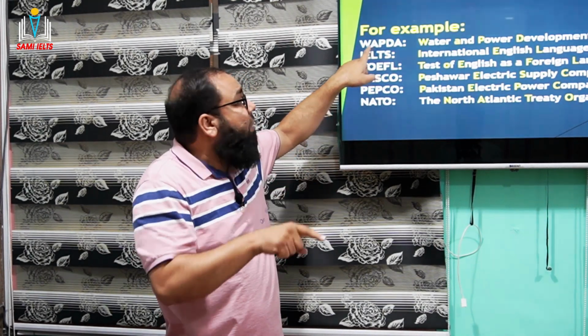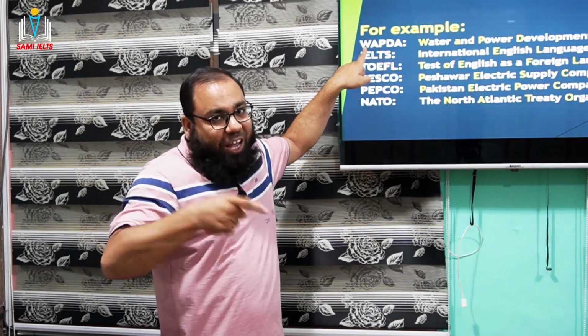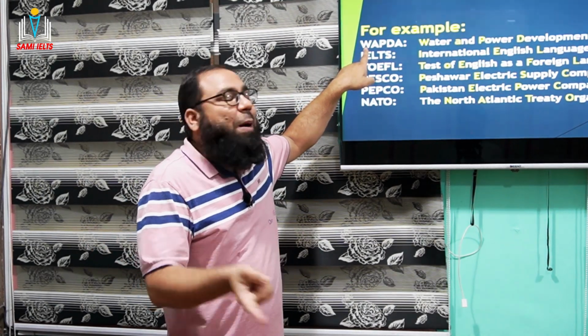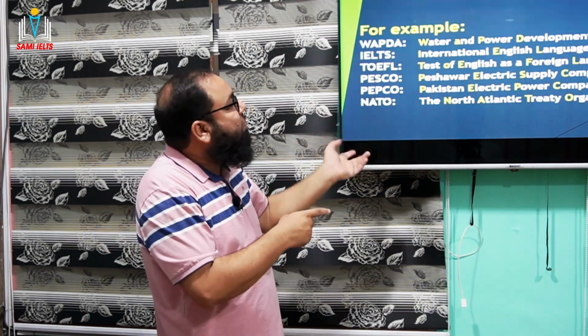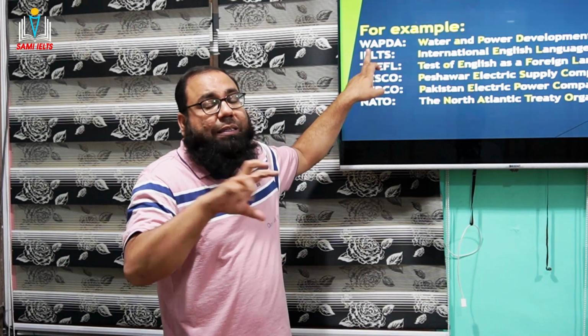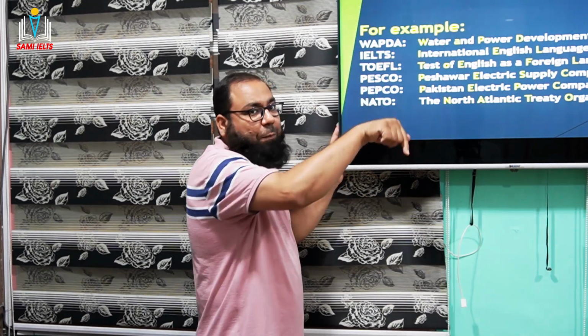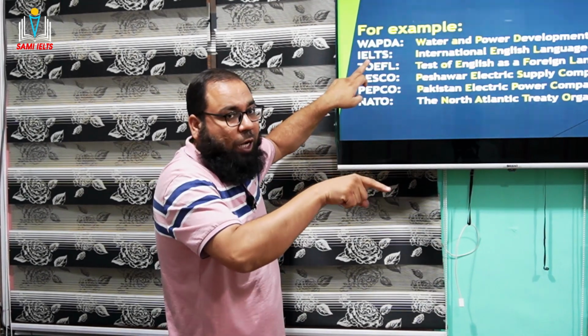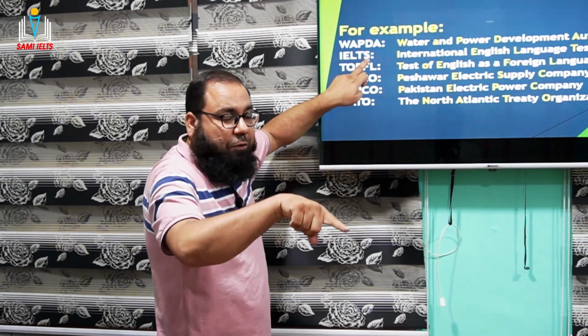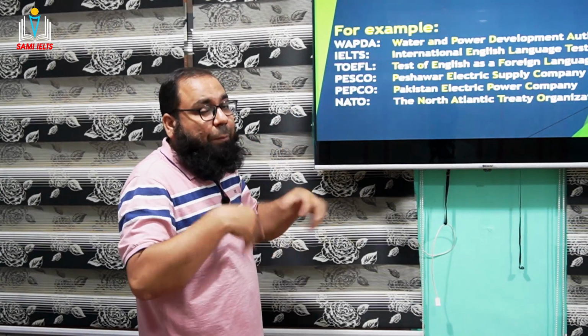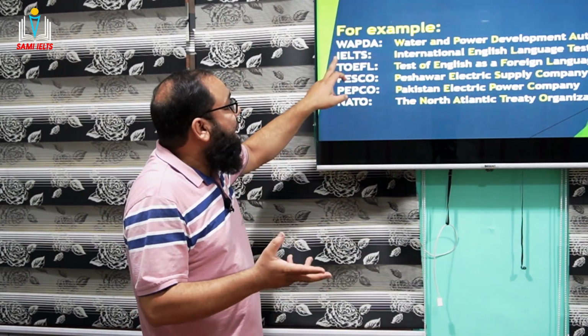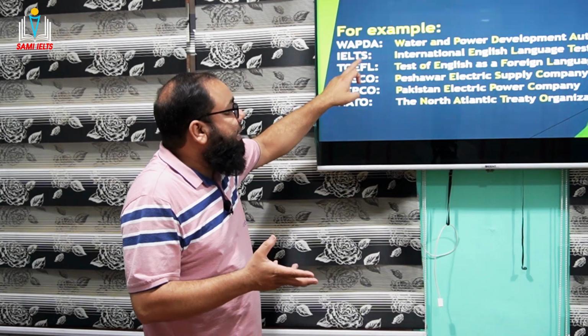The other person will read it W-A-P-D-A if you put full stops here. But if you remove full stops, the other person will pronounce it as a word, WAPDA. Let's take the example of I. After I, if I put a full stop, and after E a full stop, after L a full stop, after T a full stop, the other person will pronounce it separately. He would not say IELTS.